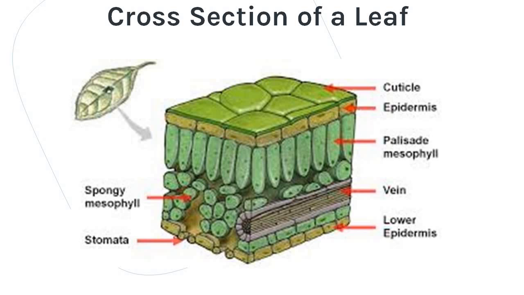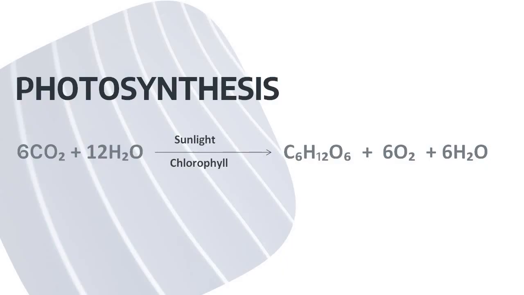This chlorophyll absorbs sunlight and converts carbon dioxide and water into chemical compounds called carbohydrates. So, in this process, the light energy is converted into chemical energy. This process is called photosynthesis.